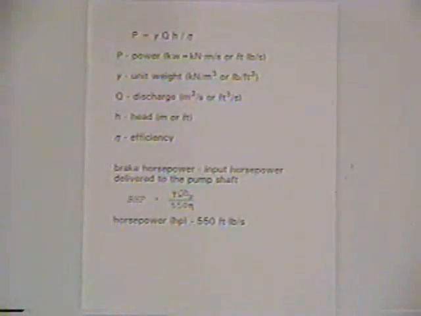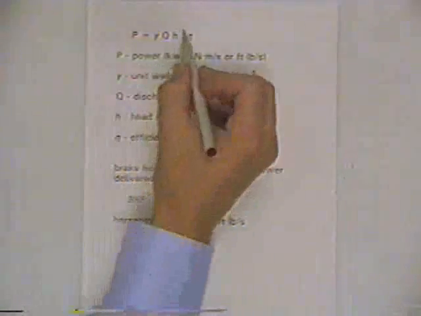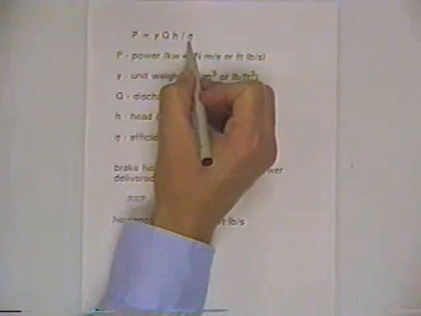The efficiency is just a number less than 1. That's the ratio of the hydraulic energy produced divided by the electrical energy supplied. And so we'll divide by the efficiency.